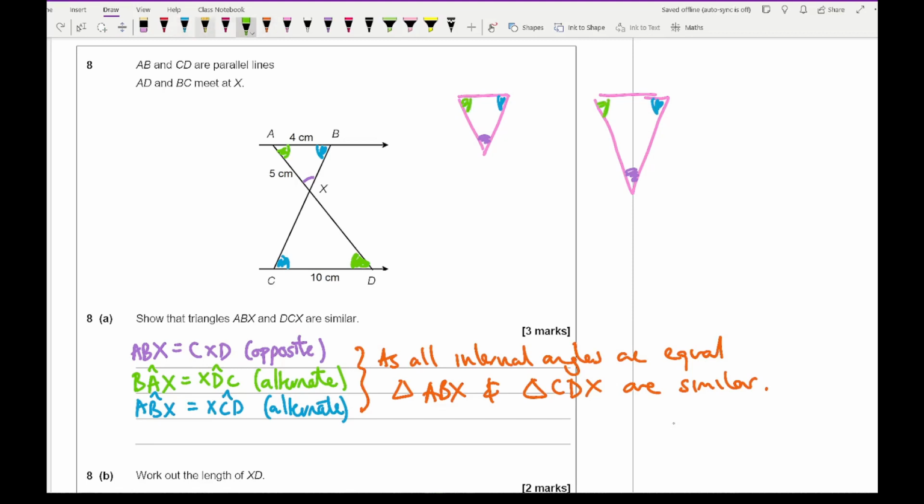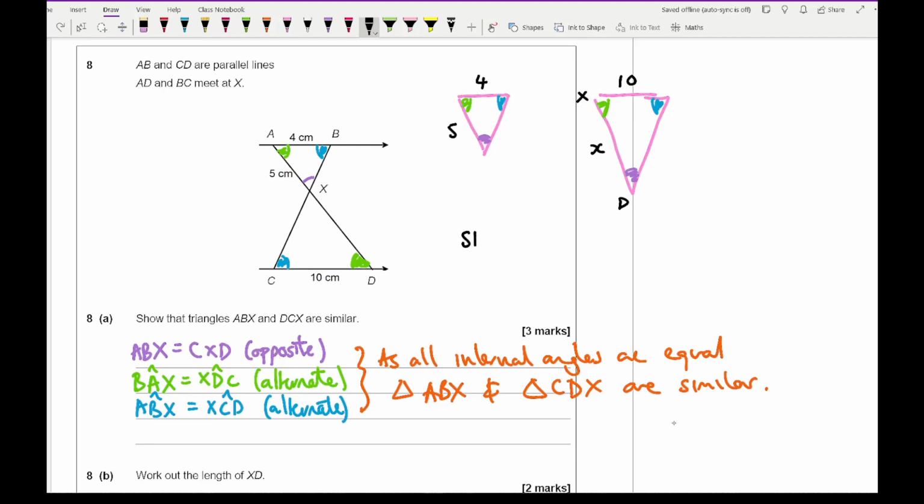So then labelling all of this up, we know that the bases are 4 on the smaller one, 10 on the bigger one. The side with the green and the purple angle is 5, and the question is asking me to work out the side of XD, which is the side of the purple and the green. So this is X and that's D.